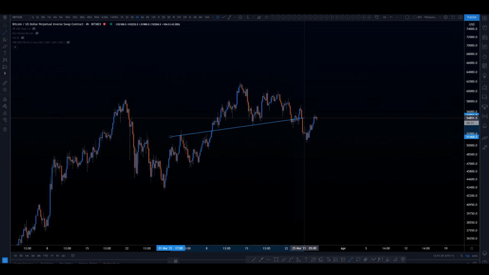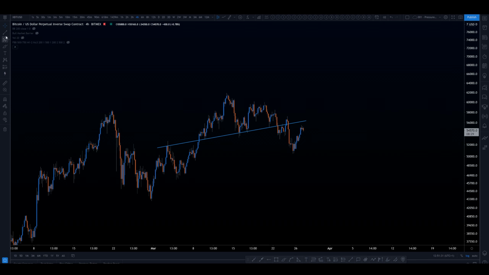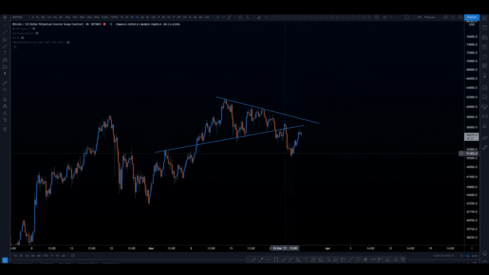And when you see, hey, we do have a trend line here, we do have a trend line here, they are converging, so we do have this narrowing trading range, we have a pressure zone, we can expect a breakout. But to which side? Which is stronger, the support or the resistance?